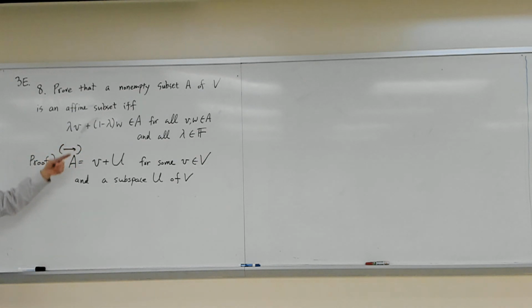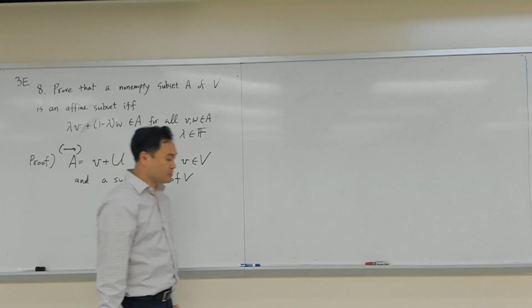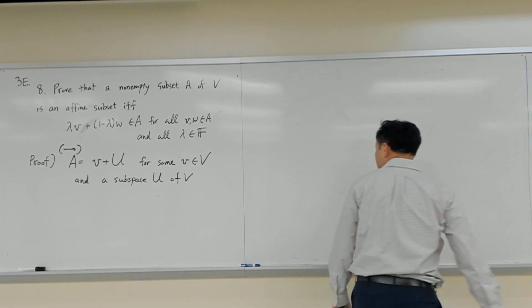Let's go this way. So going this way, we assume that A is an affine subset, so we have A as V plus U, where U is a subspace and V is some vector. Okay.